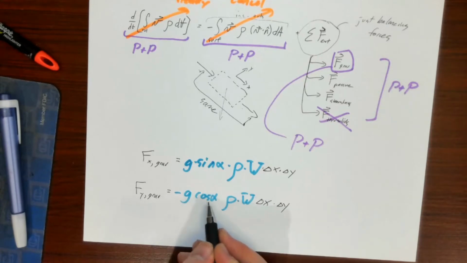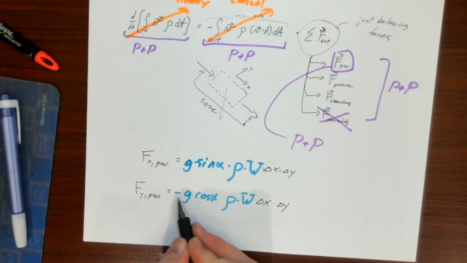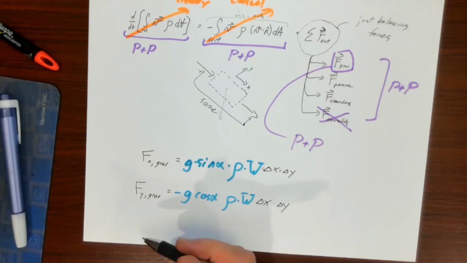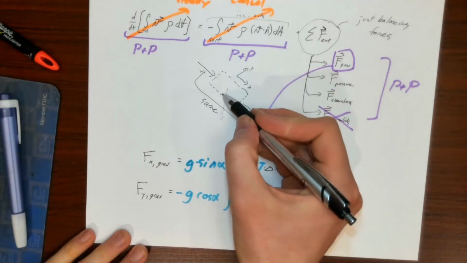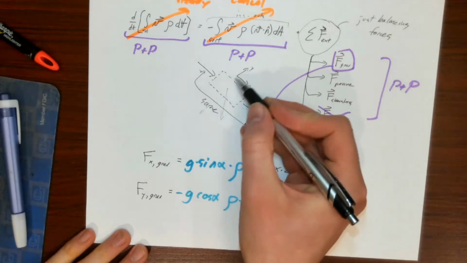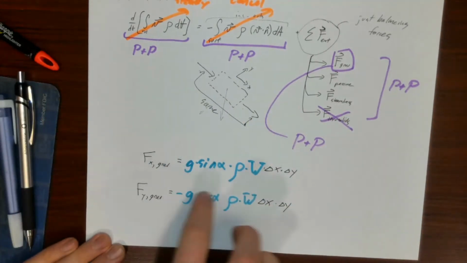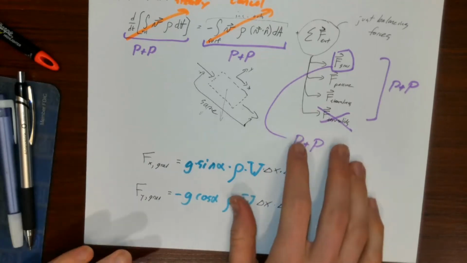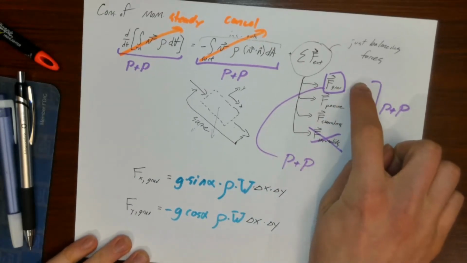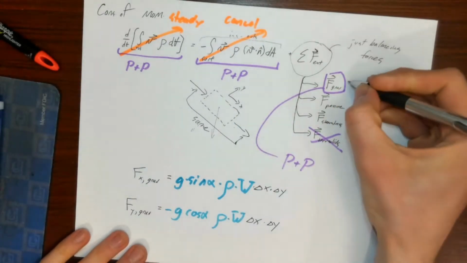G cosine alpha is the Y component of that, and then we have a minus sign here to indicate that the Y component of that gravity points in the minus Y direction. So we've now squared away our two components of the gravitational force.